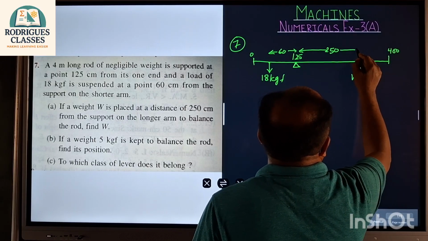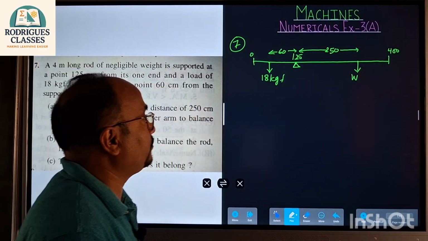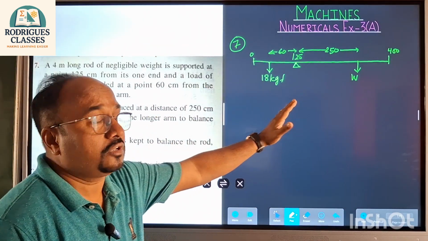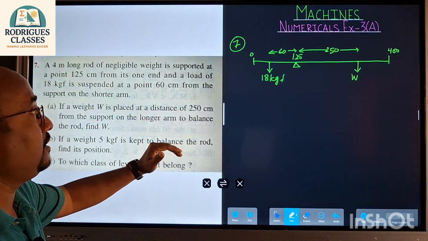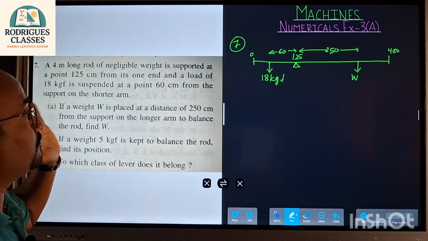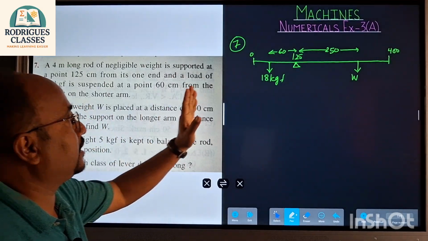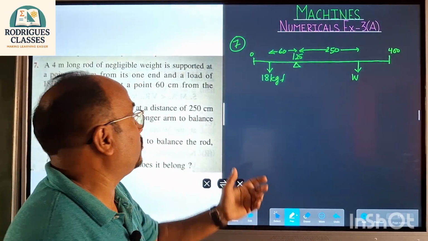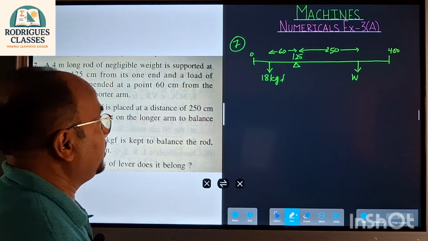From the support, that is the fulcrum, to this is 250. So this diagram I hope you have understood. Now we can easily apply load into load arm equals effort into effort arm and find this W. We can consider any one of them to be the load and the effort, because nothing is being mentioned here.